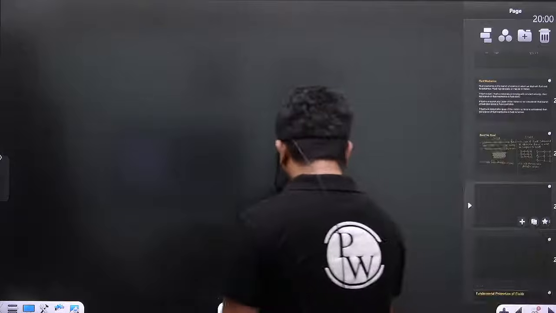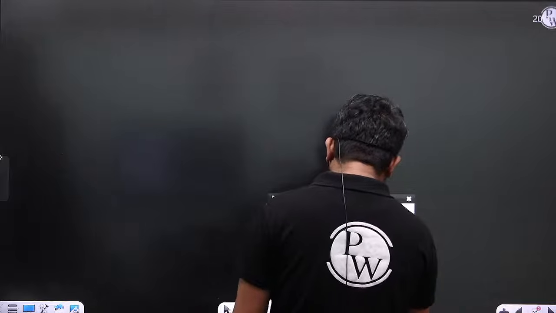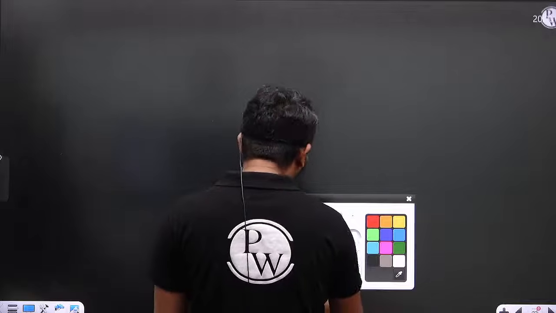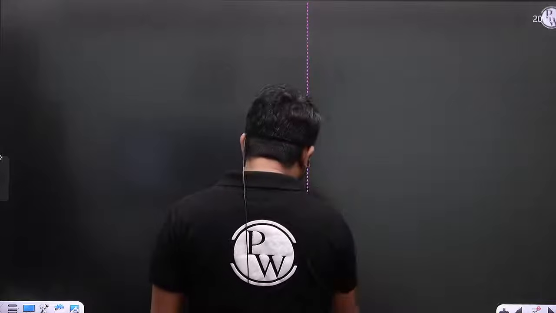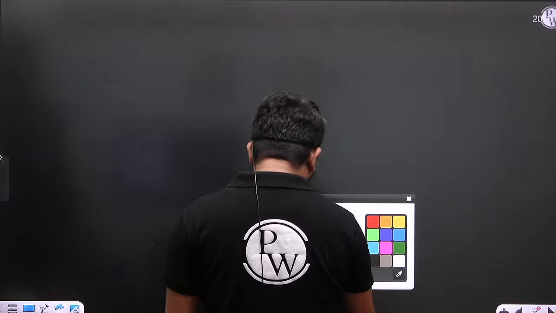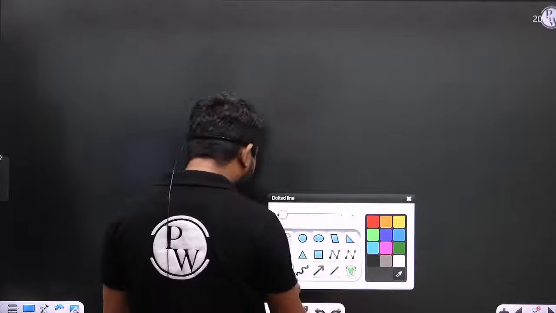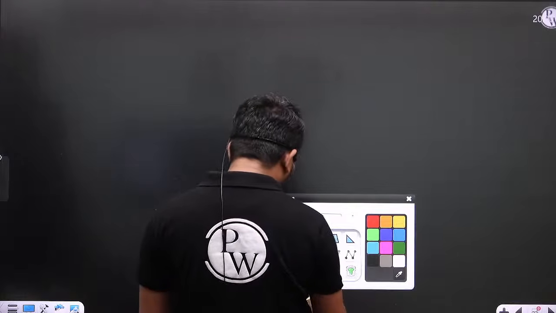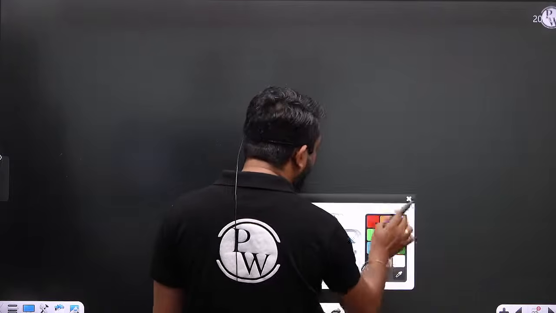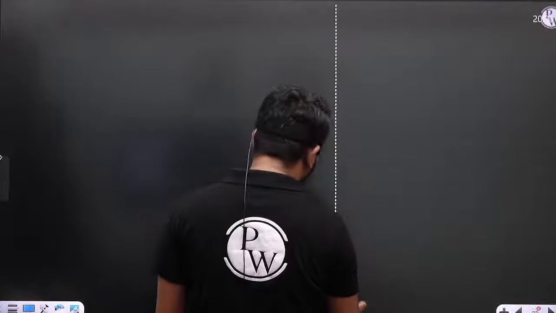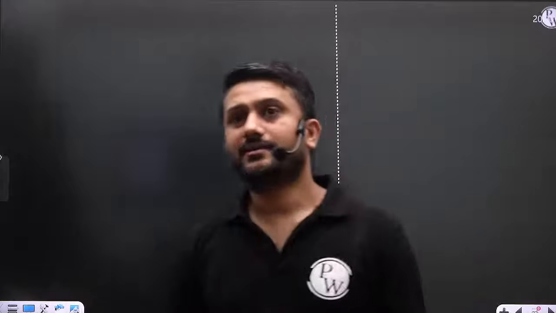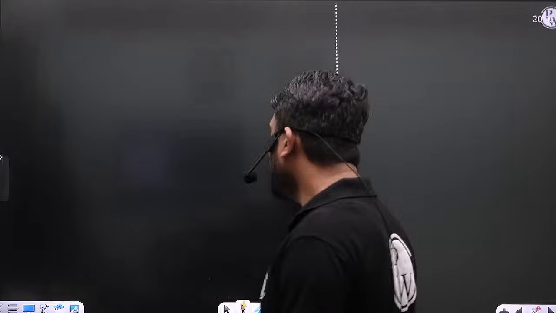Now see here. What happens when we apply the tensile load in solids? And when we apply the tensile load in fluid, then what happens?